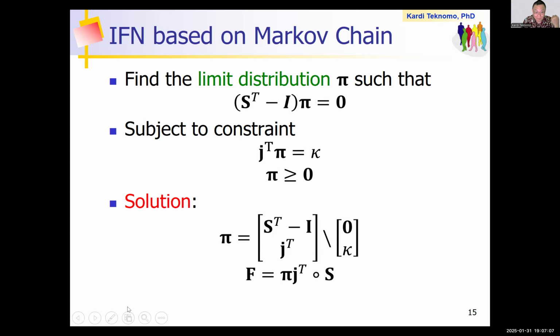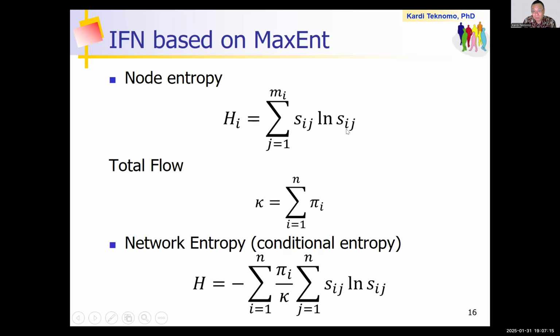Yeah. So next, instead of this, another way to compute is to use again the same input, which is the stochastic matrix, the probability distribution in each node. What is the meaning of probability distribution in each node?